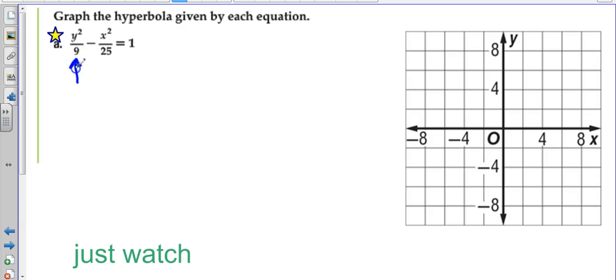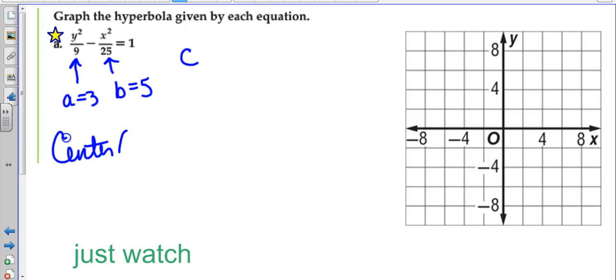Is this a or b? How do you know? It's under the positive one. So a is 3. This is b, and b is 5. How do we find c? You're right. The center is at 0, 0. To find the focus, c squared equals, instead of a minus in the middle here, we end up doing what?